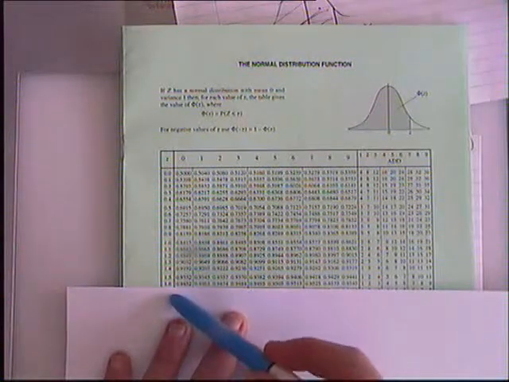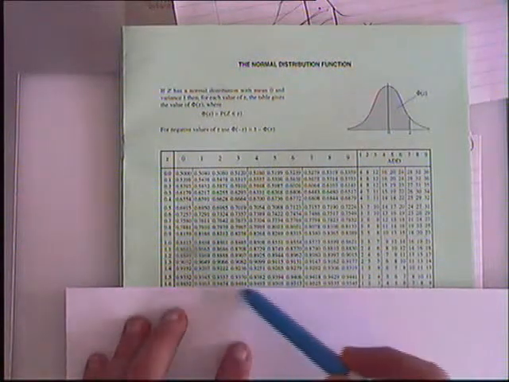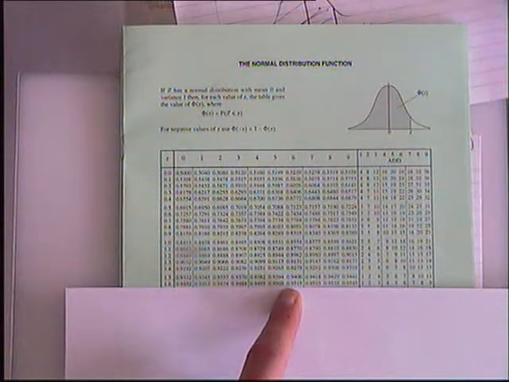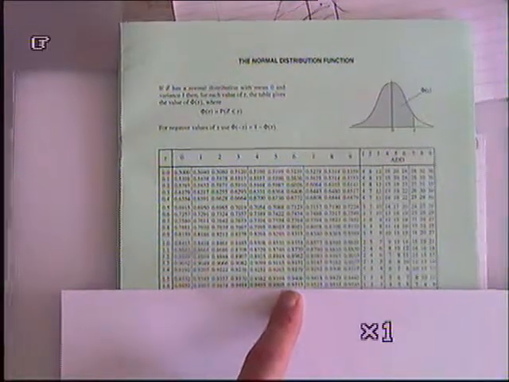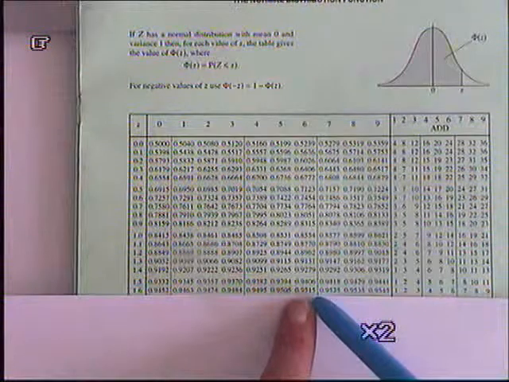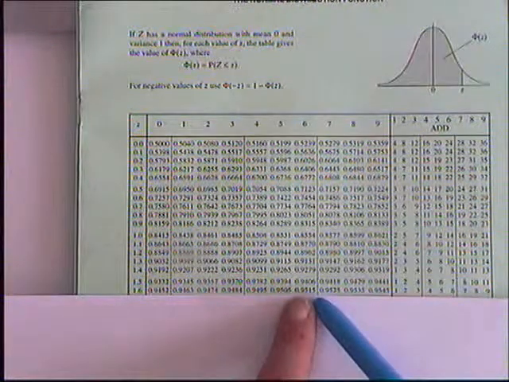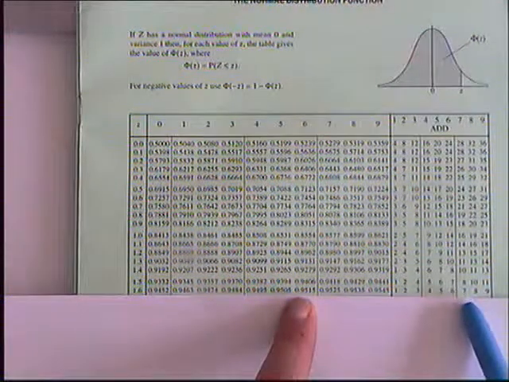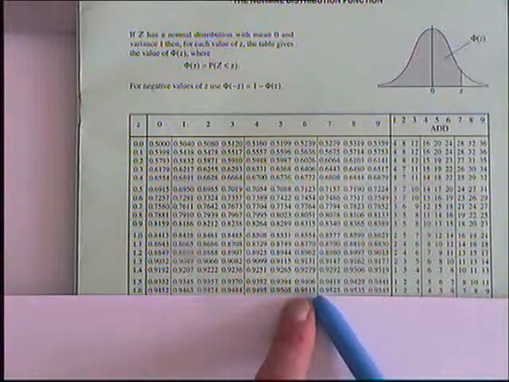Okay? There's 1.6. There's 1.66. You happy with that? Okay. So there's 1.6 on the left. Here's 1.66. If I want 1.67, I look over here under my 7 column, and I've got to add 7 onto that.